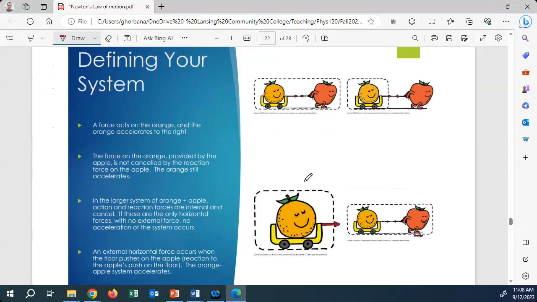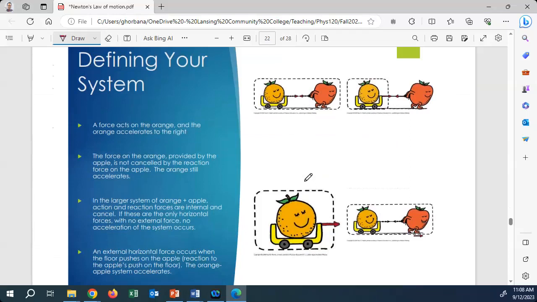When there are two particles, we can say that we have two systems. Two particles, two systems: particle number one, particle number two, analyzing the motion of each one separately.